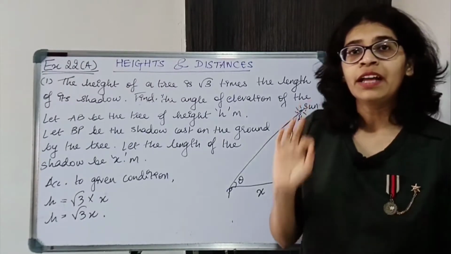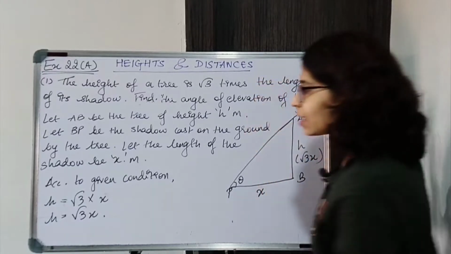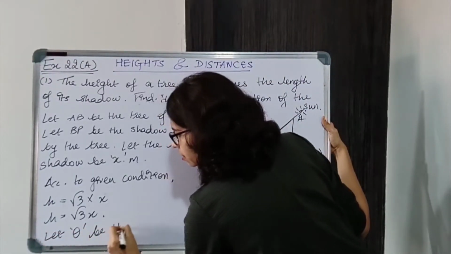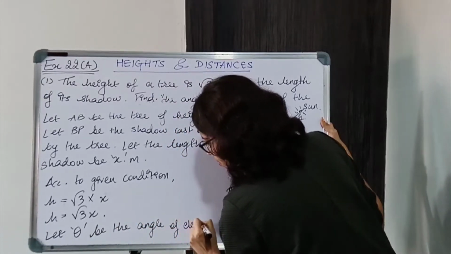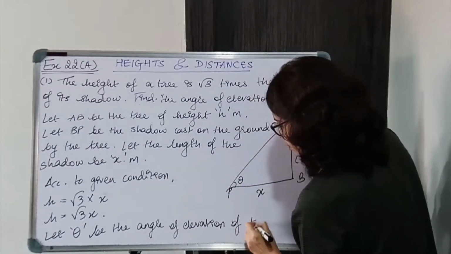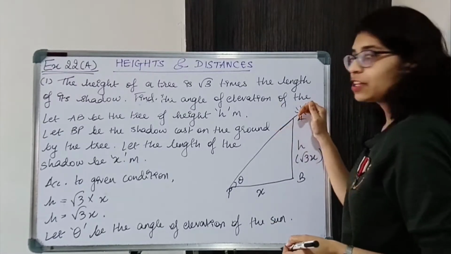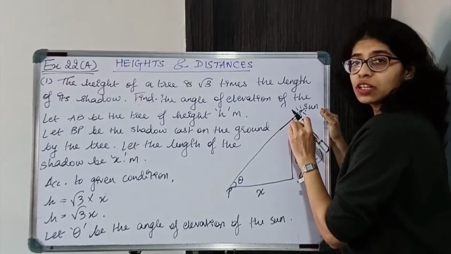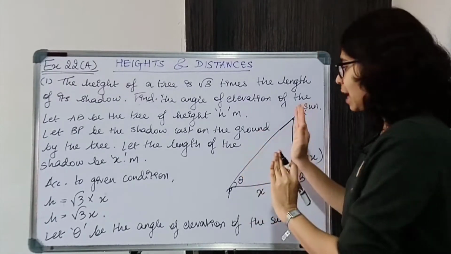Now theta is also there. So let theta be the angle of elevation of the sun. Angle of elevation of the sun basically is the angle up to the top of the tree. It is the same thing.